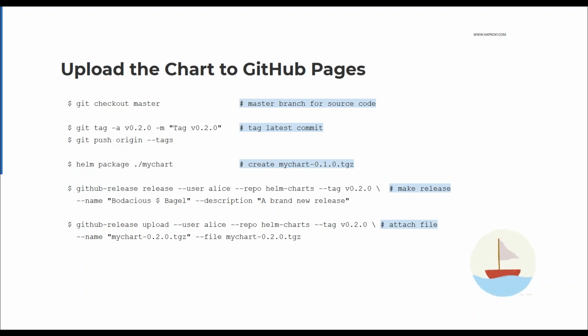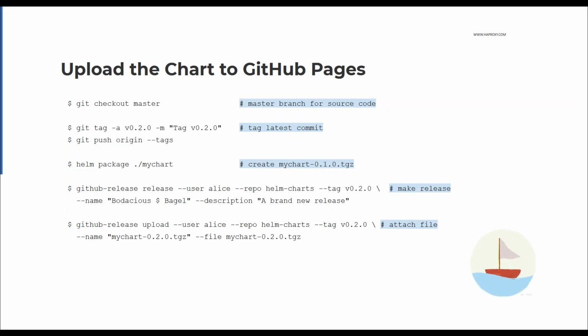So the first thing you would do is check out your master branch from Git, and this is going to contain all of your Helm files, all of the files that we were just looking at. And you would say, okay, I'm ready to release this as a chart. So you're going to use git tag to say this is a new version, and then you're going to push that tag to GitHub.